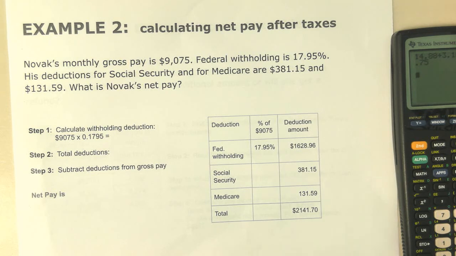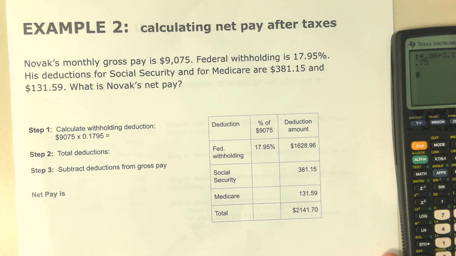Now, in this example, they've already given you the calculations for Social Security and Medicare. So the deduction for Social Security is $381.15, and Medicare is $131.59. So we want to find out what Novac's net pay is. What is he going to actually get to take home?